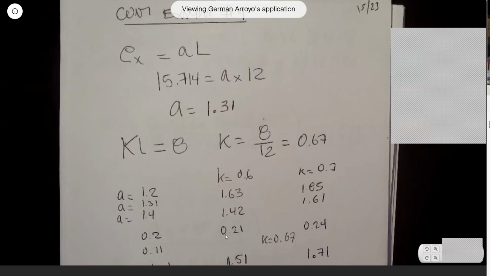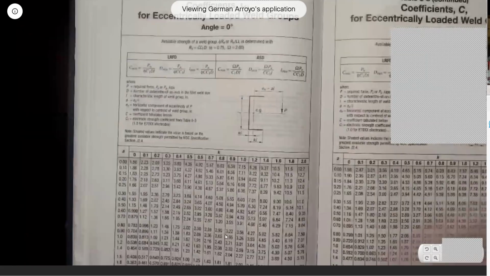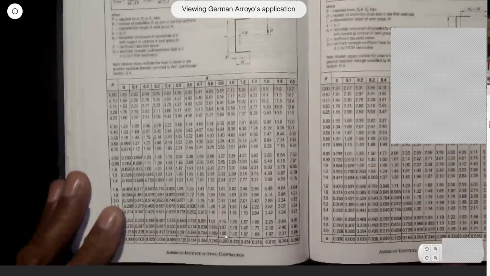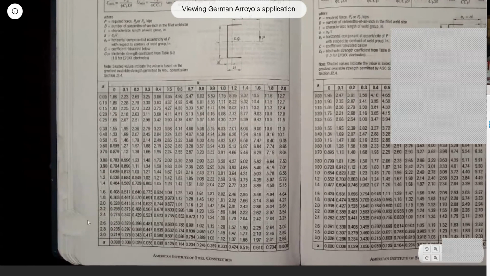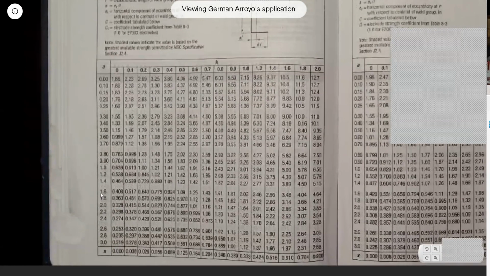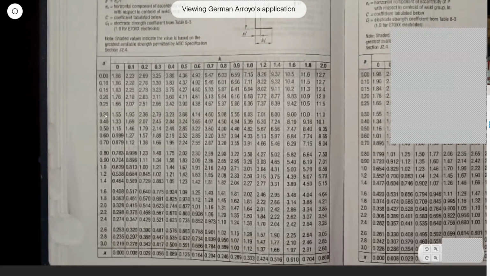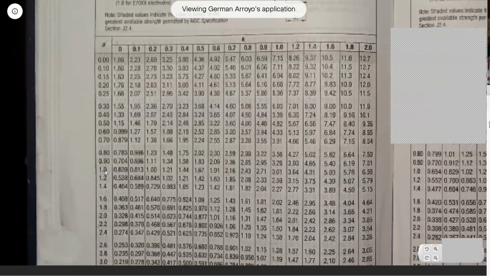So what you do, you go to this table. Since our value A is 1.3, you can see that 1.3 is not on here. We had 1.2 and 1.4 for A, so we do not have the value of 1.3.